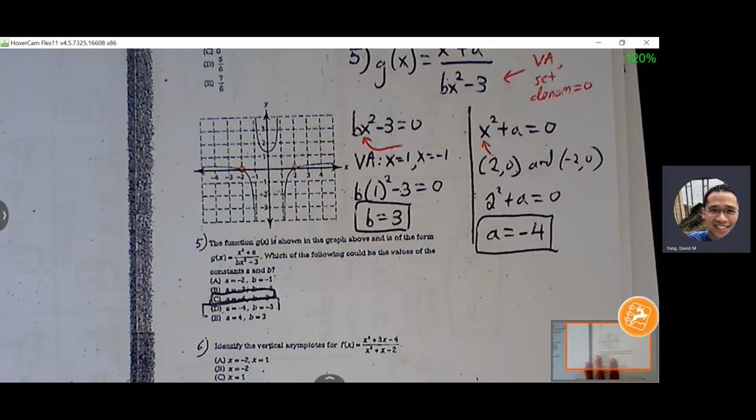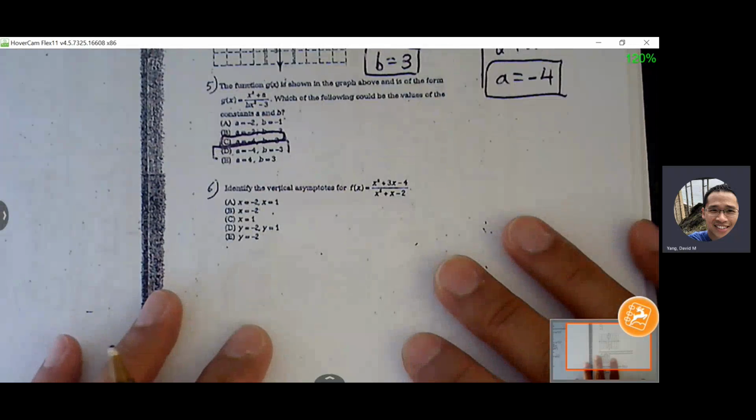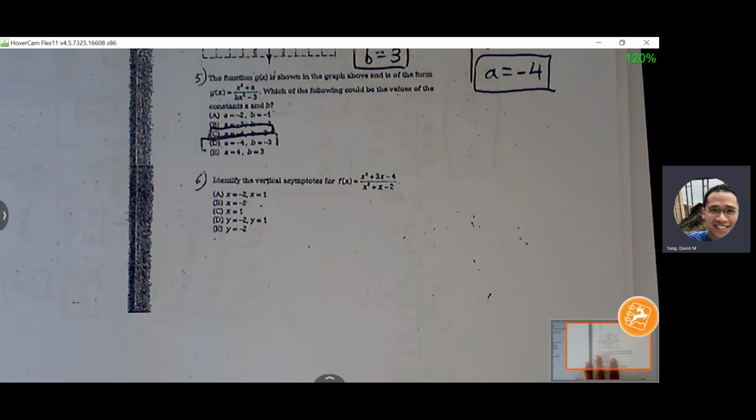Okay, did we do number 6? No, okay. So number 6 says identify vertical asymptotes. We know that's going to come from the denominator, but why don't we factor everything so we see what the leftover factors are in the denominator? Factor everything out, we should be able to see where that asymptote could be.